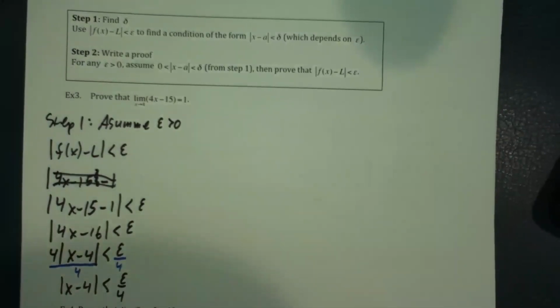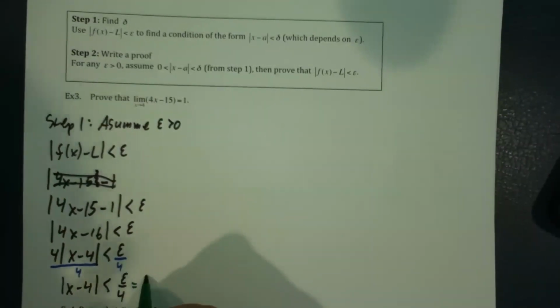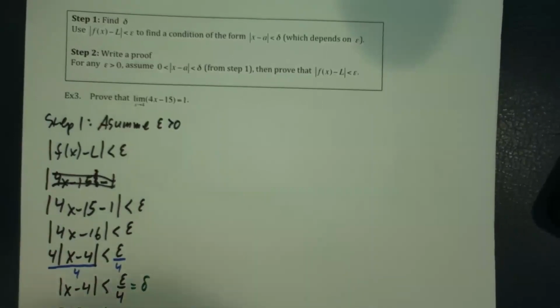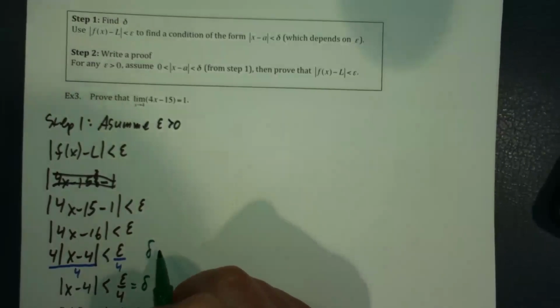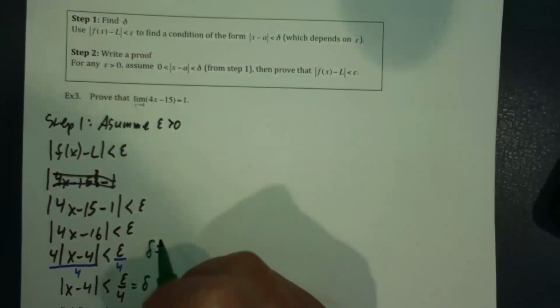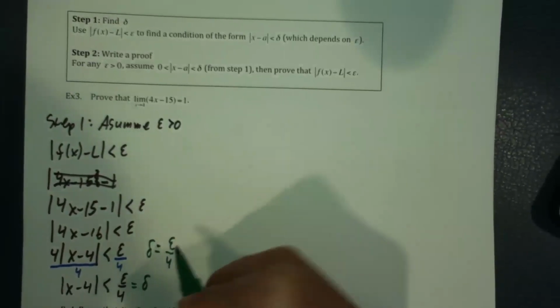All right, and this is my new delta. This is my delta. So for our proof purposes, our delta is going to be epsilon over 4.